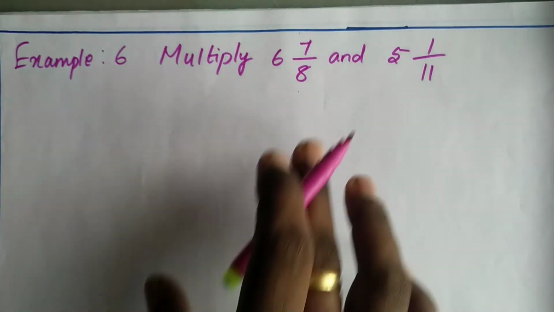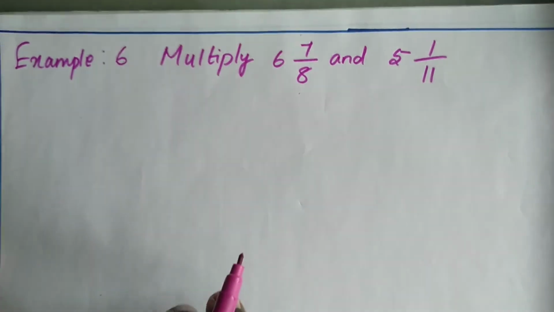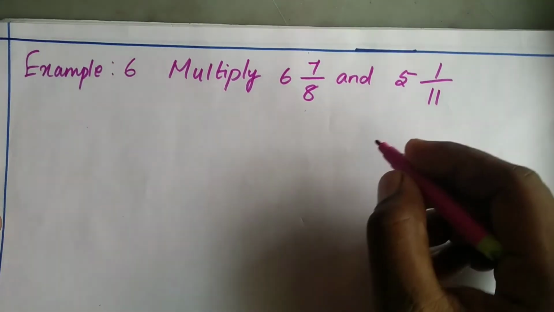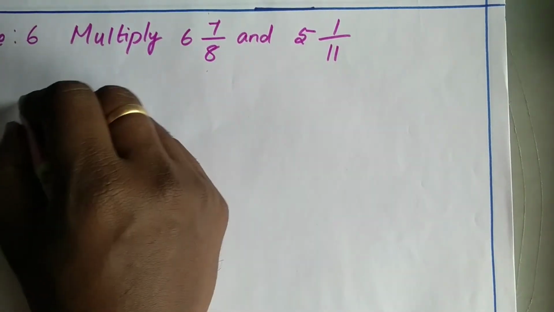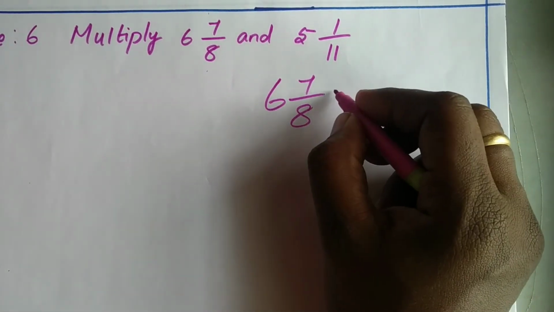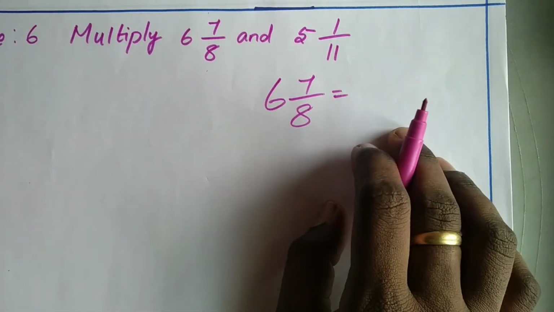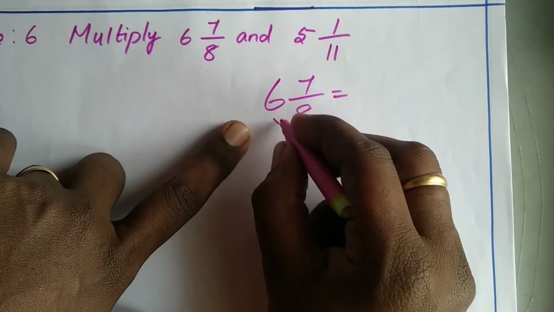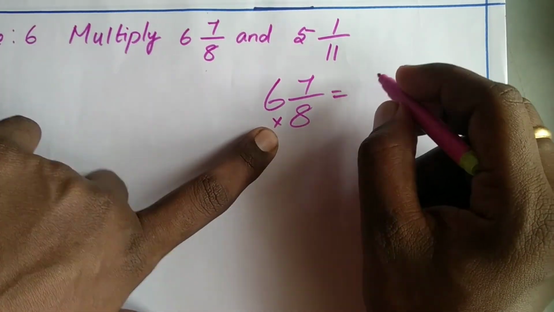First convert this mixed fraction to an improper fraction. Okay, what's the first step? Before we start, first we want to convert this. 6 7 by 8: convert the 6 7 by 8 into an improper fraction. Multiply these two numbers. What is 6 8s are?